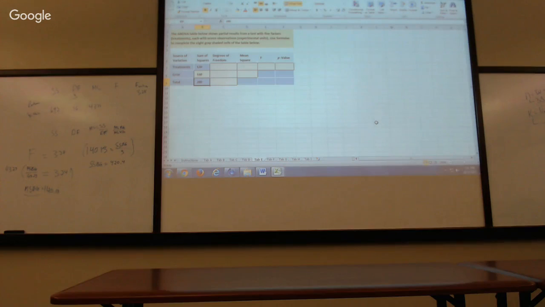So if we look down at our table, the treatment degrees of freedom is going to be equal to our number of factors minus 1. Our error degrees of freedom is going to be equal to our total sample size minus our number of factors, which is 5. And then our total degrees of freedom is going to be the addition of those two.